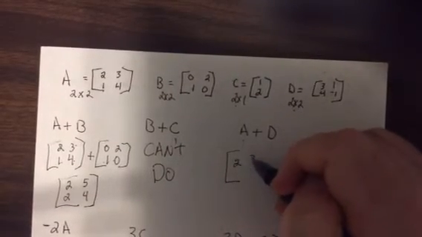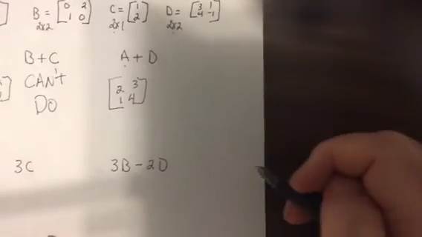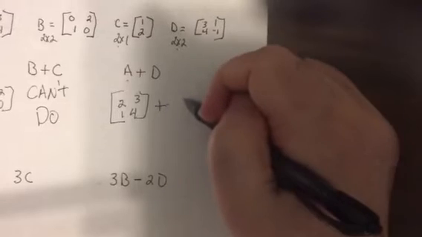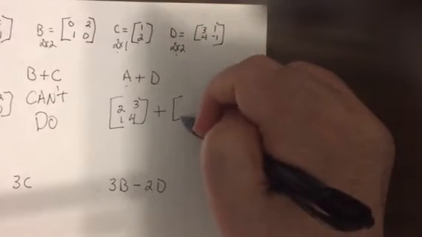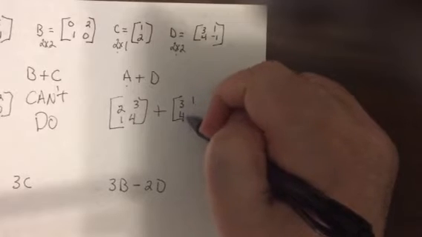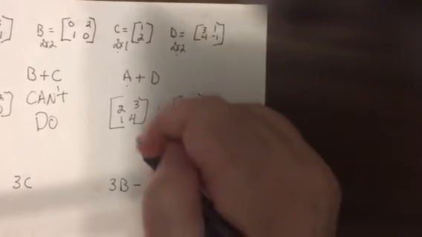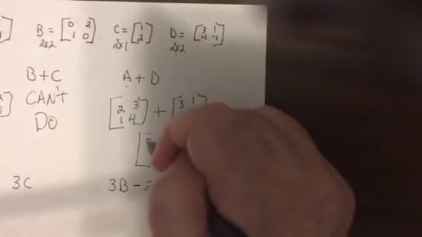So 2, 3, 1, 4, plus 3, 1, 4, negative 1. Spot 1, 1 plus spot 1, 1, so that would be 5.